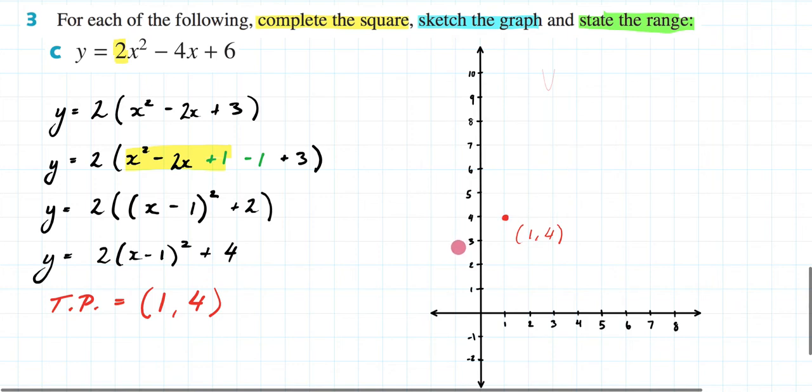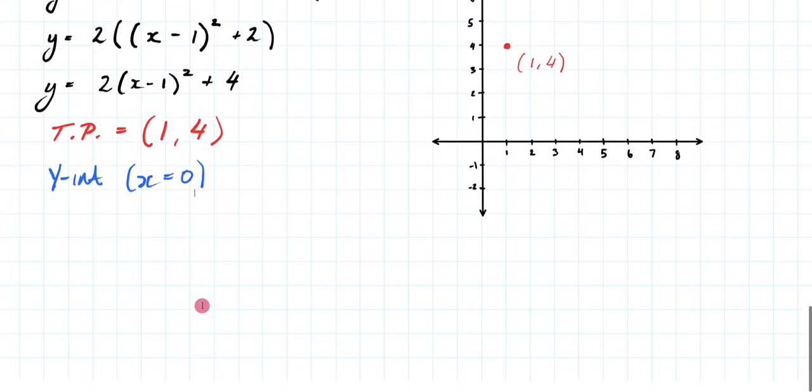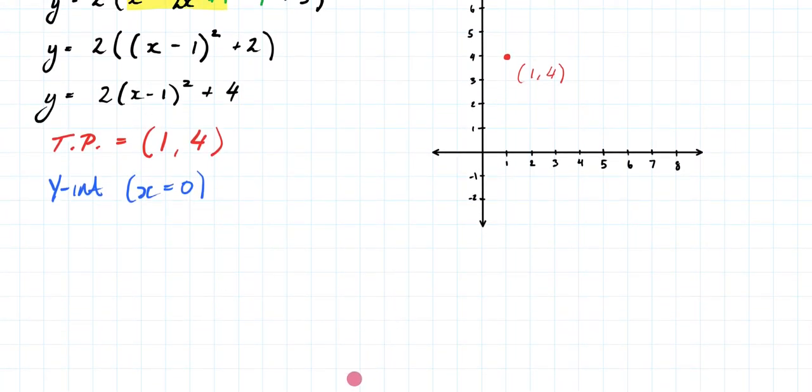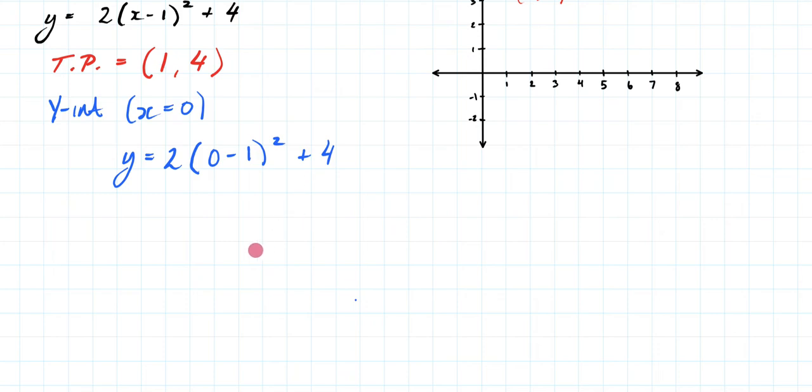So I'm going to have to solve for my y-intercept. To find my y-int, I'm going to have to let x equal 0. So let me give myself plenty of room here. So I'm going to have y equals 2, I'm going to put a 0 here, minus 1 squared plus 4.